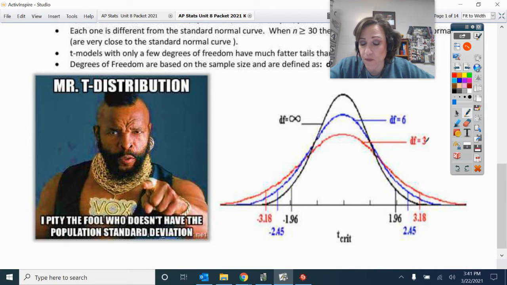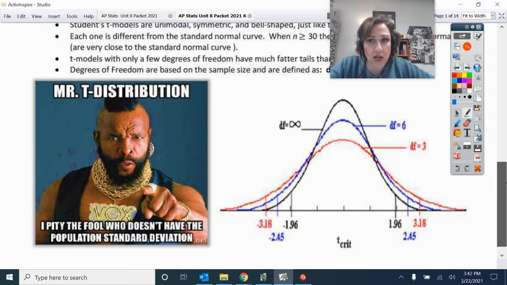And you see here that these degrees of freedom for 3 versus 6, and we'll talk about what those mean, but they are related to the sample size. In fact, degrees of freedom is sample size minus 1. So this df of 6 means that the sample size was 7.